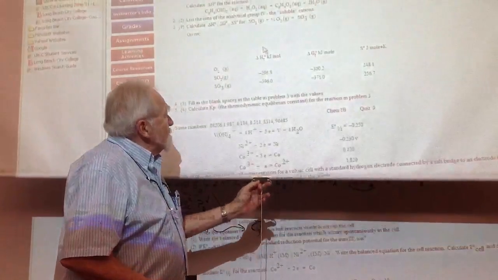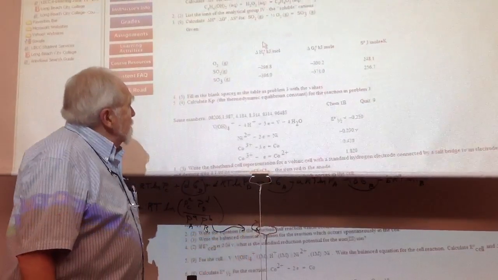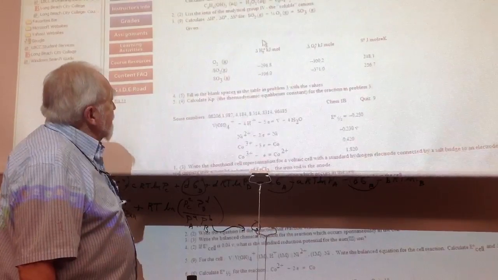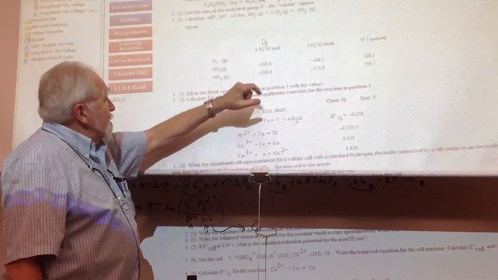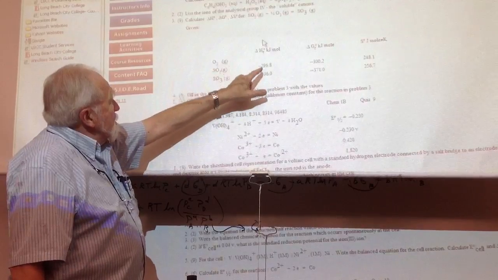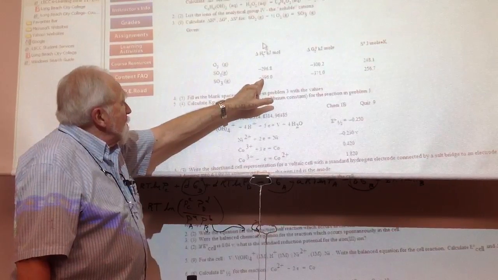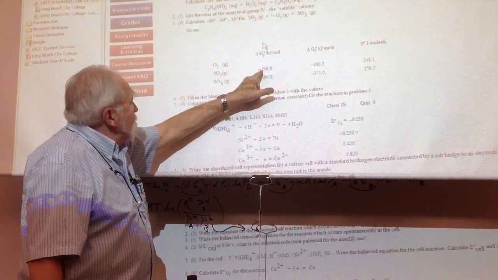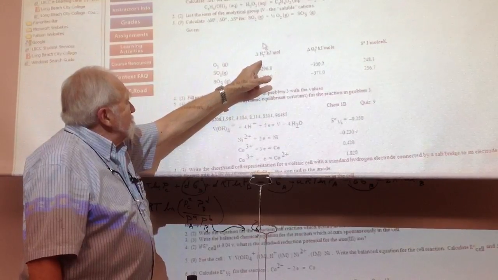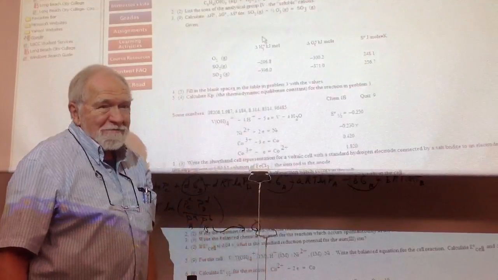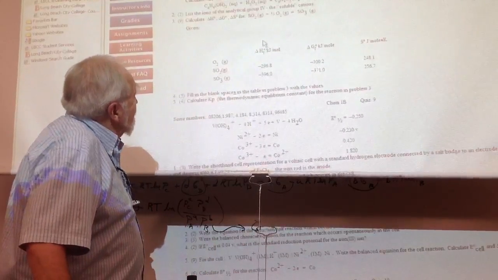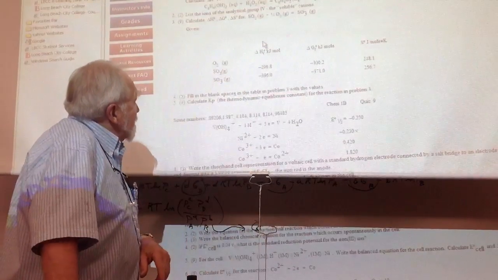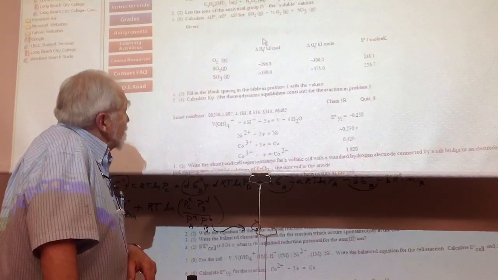Okay, coming back to this problem now. Notice I can calculate delta H, because I know this is the product. There's 1 mole of it. So I have 1 times this, minus 1 times this, minus 0. That's a plus sign. What's that? So that's a 2 plus.